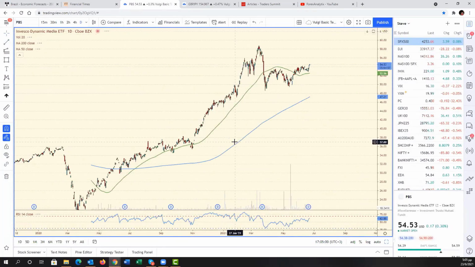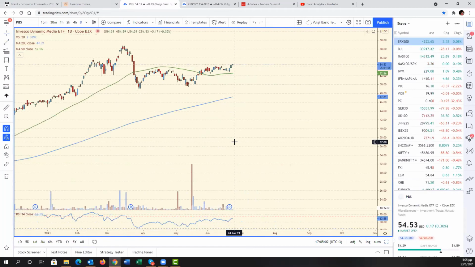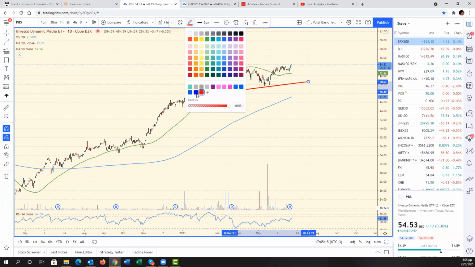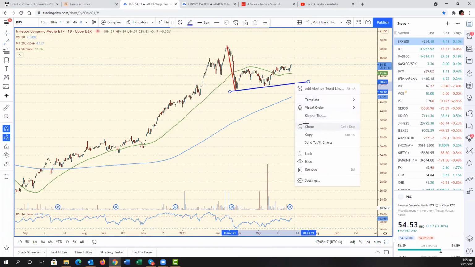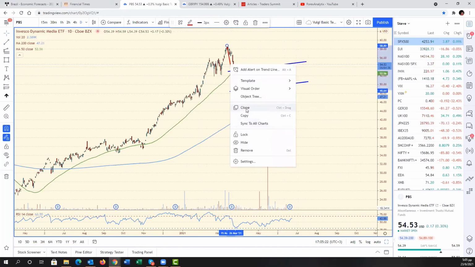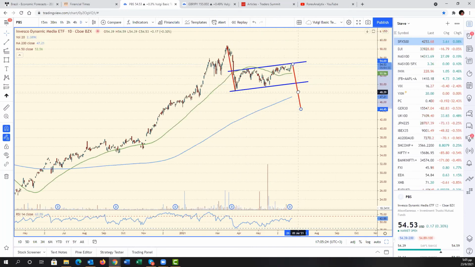PBS. I think bearish. There you go. And there's your implied target as well, 44.50.